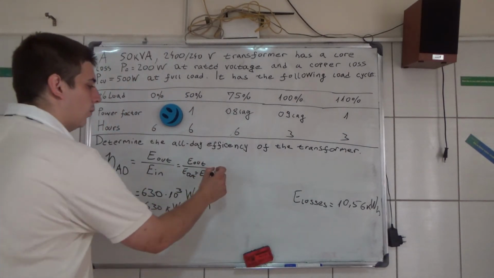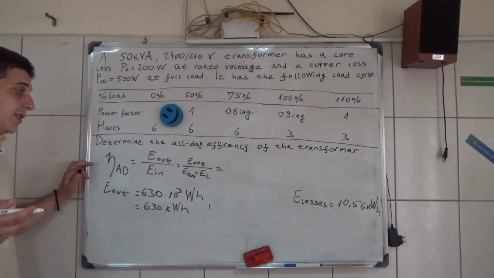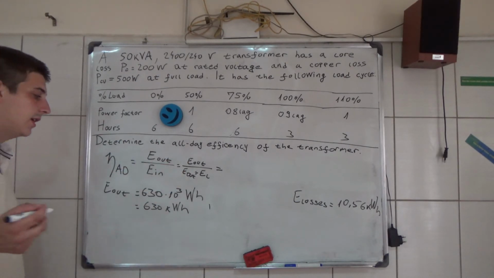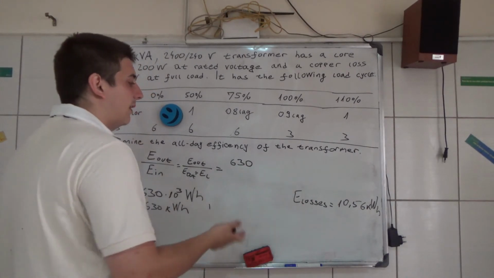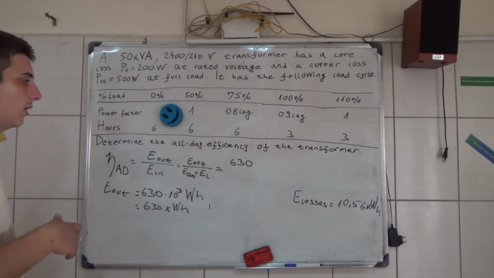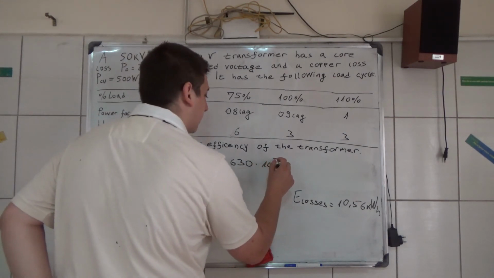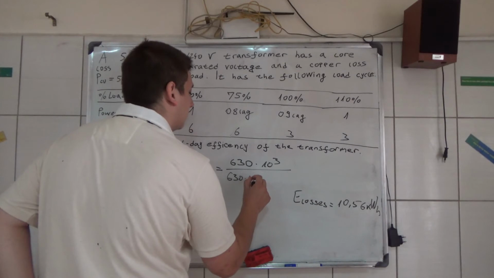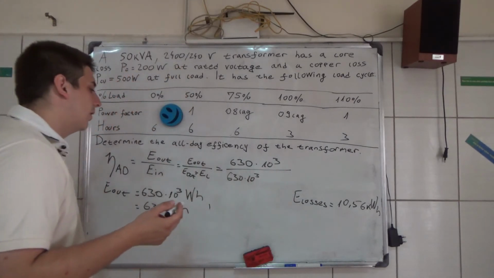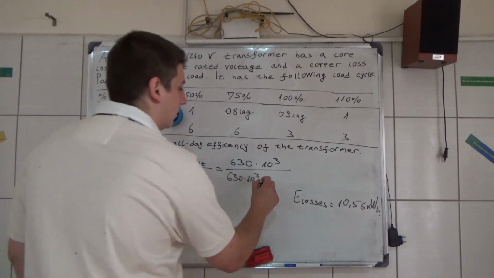So now we can calculate the efficiency. Now the output here is 630 kilo, but everything is in kilos. Okay, let me just do this for you. 10 to the third is kilo. Energy output plus energy losses.